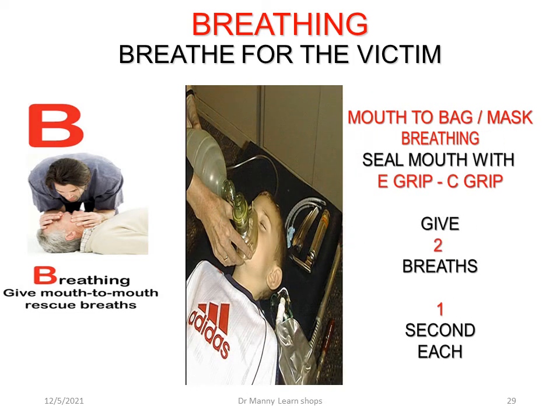You can give mouth to bag and mask breathing, and you can use what is called the E grip and the C grip. Again, you give 2 breaths, each over 1 second. You want the air to go into the lungs, the airways, not the stomach, because if it goes into the stomach, this could cause regurgitation, vomiting, aspiration.